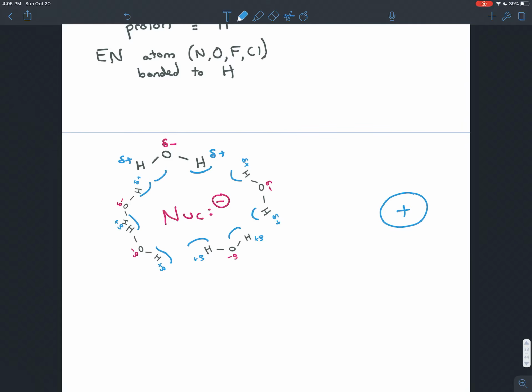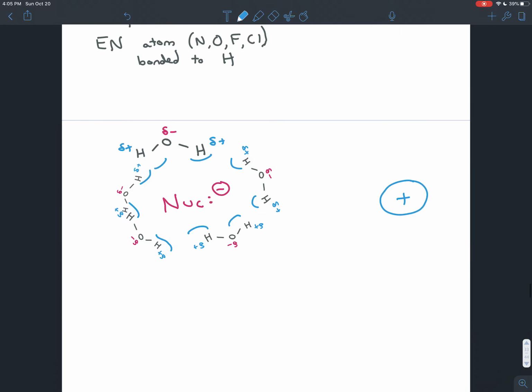And so in a protic solvent, you disarm the nucleophile. Protic solvents surround and disarm the nucleophile.